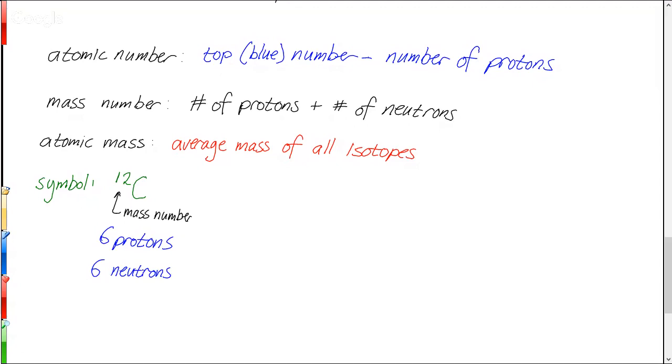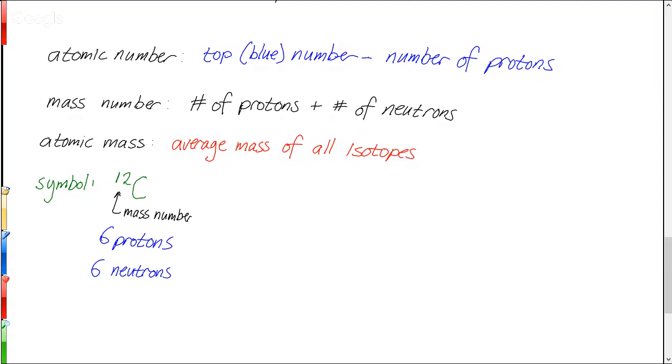What about electrons? How many electrons? How do you know 6? Or are you just following the pattern? Yeah, if we're talking about a regular old atom, and we'll get into ions in the next chapter, it has to be neutral, which means it has to have no charge overall.